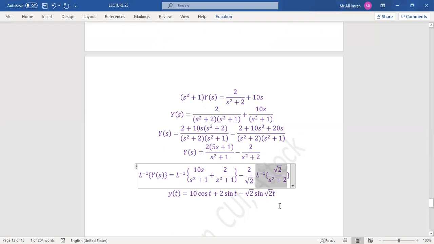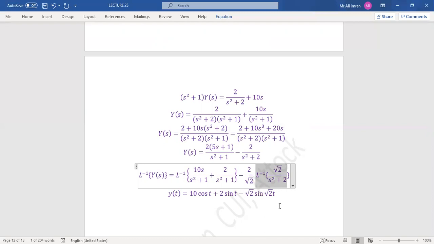We have studied the inverse transform of some basic functions, and we have solved using the Laplace and inverse Laplace transform to solve first order and second order differential equations.